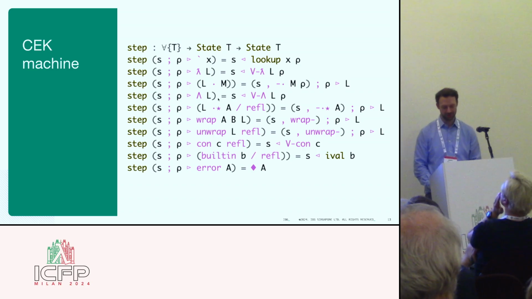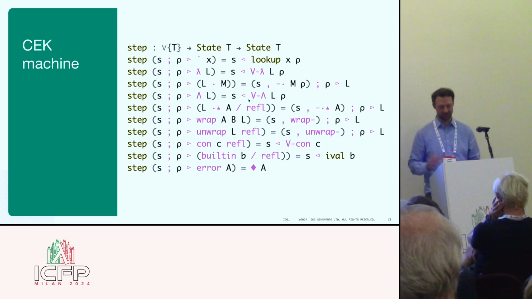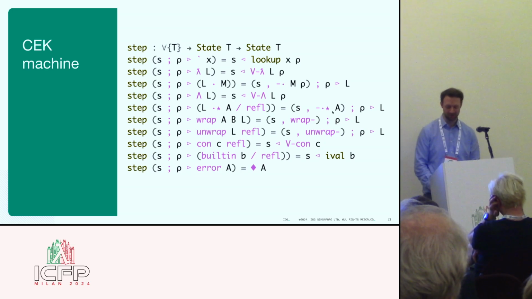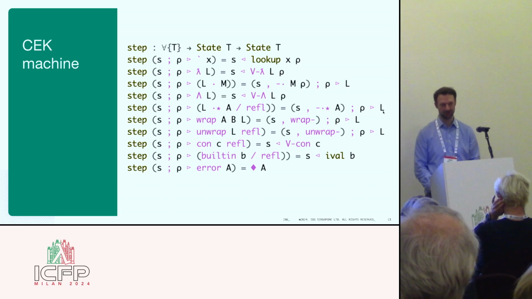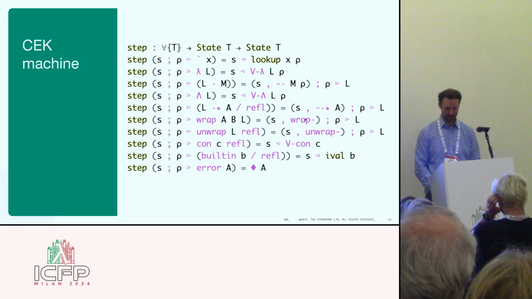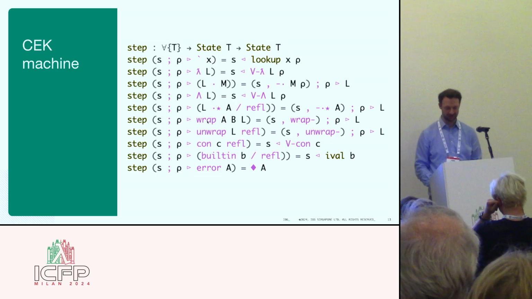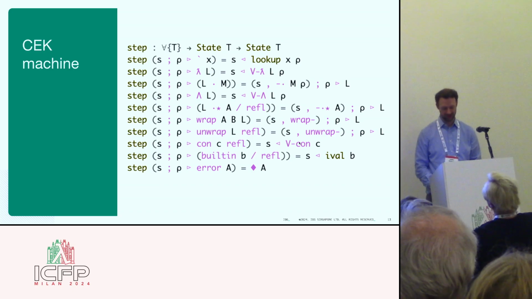If it's a type function, it's a value, so you change modes. If it's a type application, you stash the type argument and keep processing the function. These are for the recursive type, so you go inside these things. If it's a constant, that's a value, so change modes.